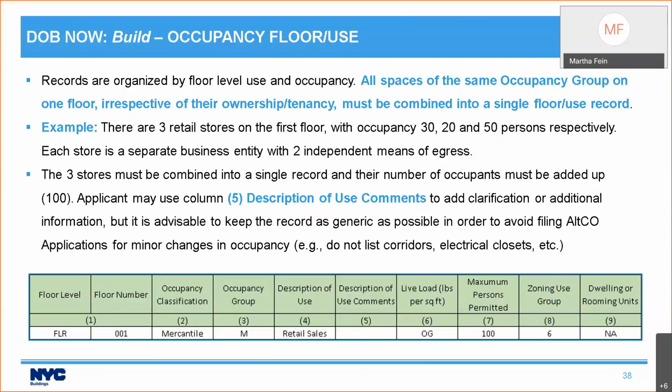However, it is advisable, and we do suggest that you keep the record as generic as possible, because you don't want to have to file Alt-CO applications for minor changes in occupancy. So you don't want to list things like corridors or electrical closets. This is going forward. Don't worry so much if it already was listed on the previous certificate of occupancy, but going forward, you want to be as generic as you can be.